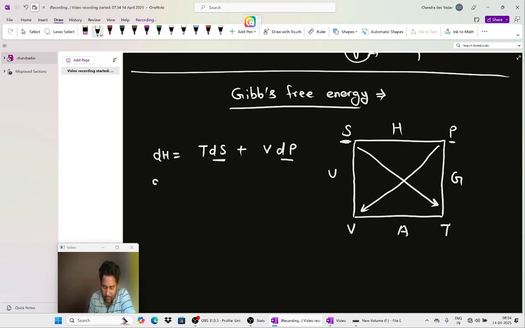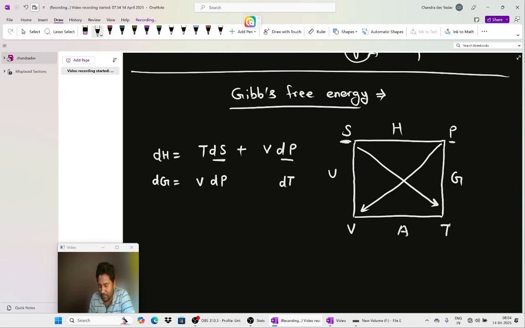And dG, the Gibbs free energy, is a function of pressure and temperature. So dP and dT. Pressure at constant temperature, the arrow is going away from pressure to volume, far away, so the term will be positive.